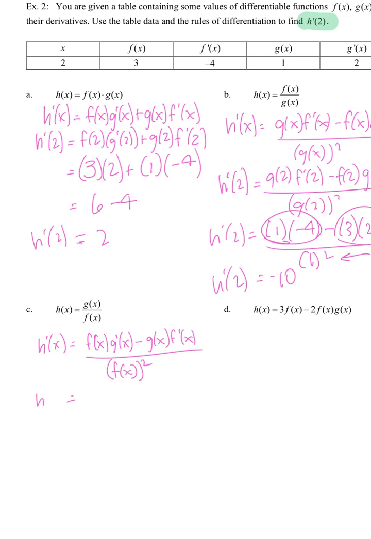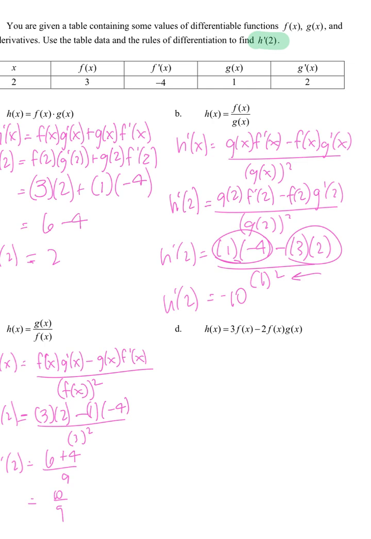So now I need to put 2's in there, all right? And I think you're going to be okay if I don't write it with the 2. So 3 times 2 minus 1 and negative 4, and then 3 squared. And then simplifying this, 6 plus 4 over 9, that equals 10/9.